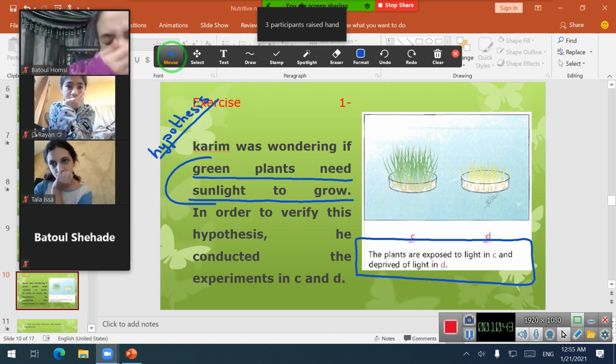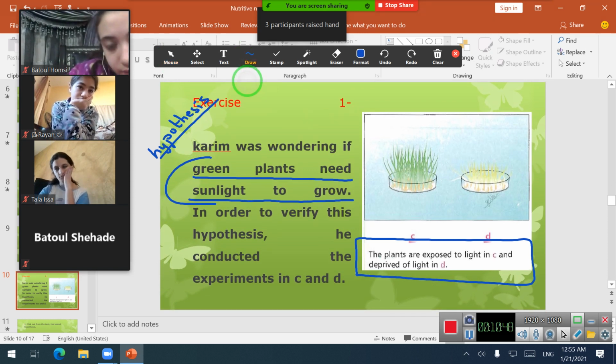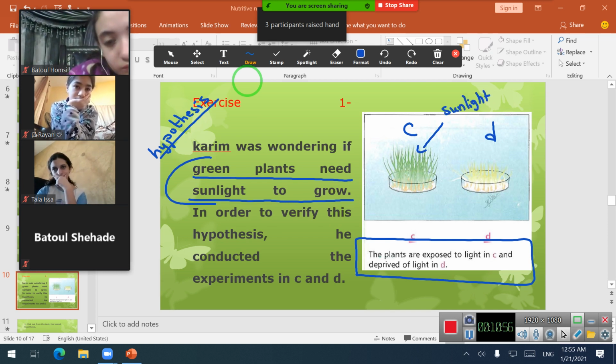So, I have two plants, plant C and plant D. Plant C absorbs sunlight, while plant D has no sunlight. It is deprived of sunlight, it means no sunlight.